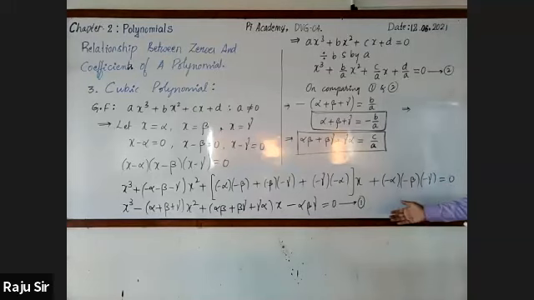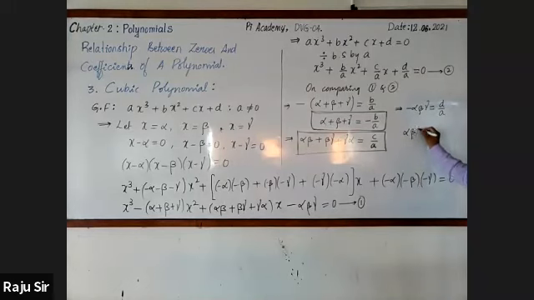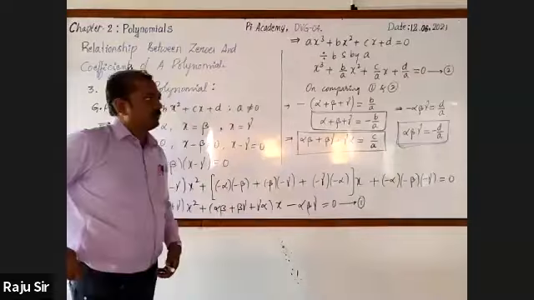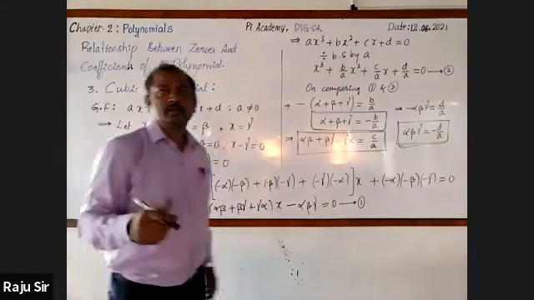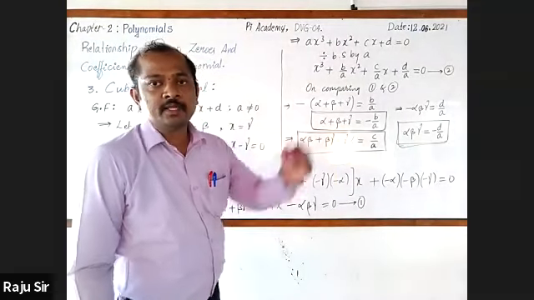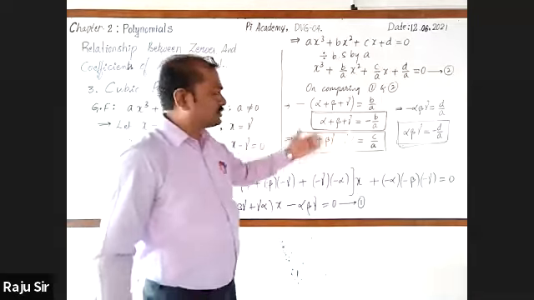Go for equating the constants. Here, constant is minus alpha beta gamma. Here, constant is d by a. This will be alpha beta gamma, it is equal to minus d by a. Followed? Okay. So that's it. We will also go for using it.